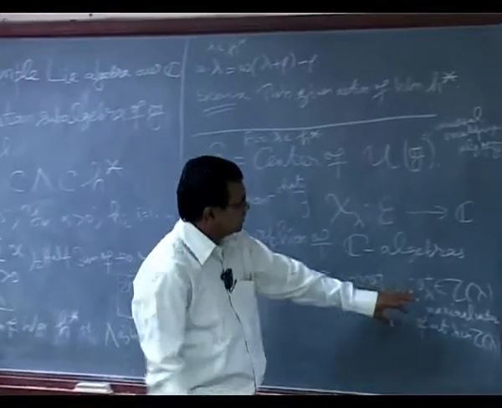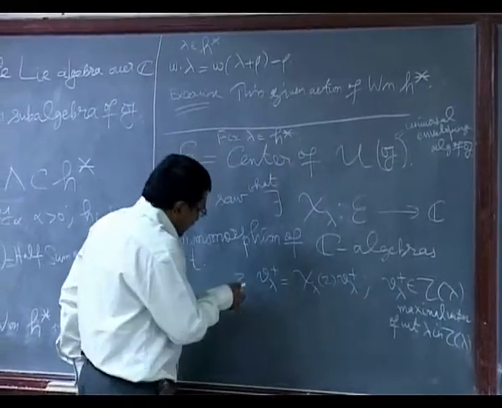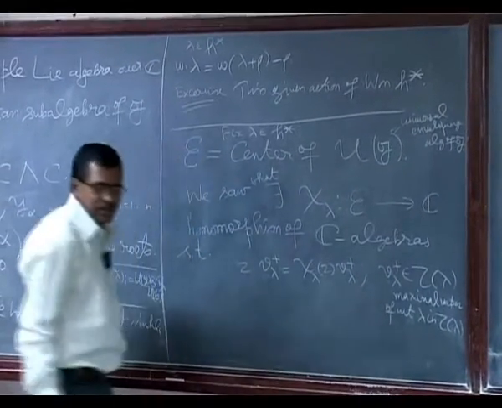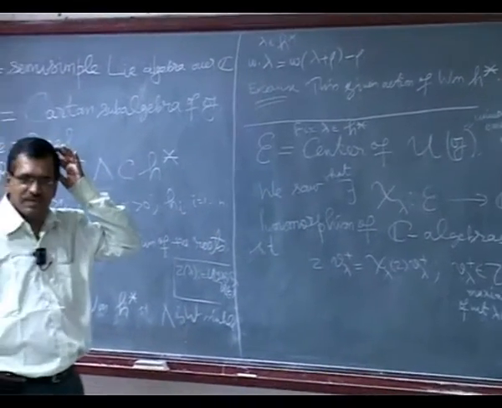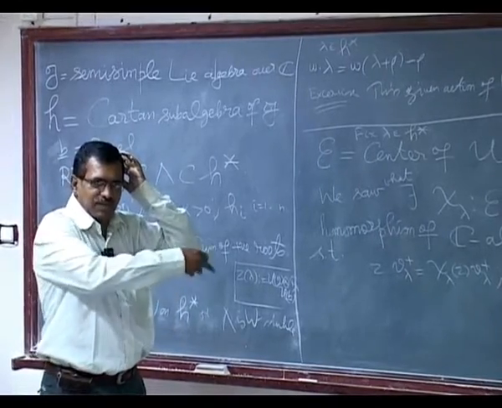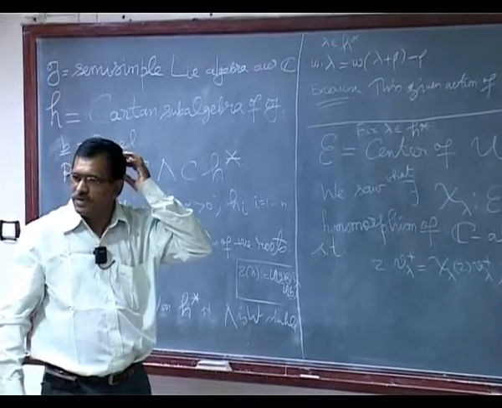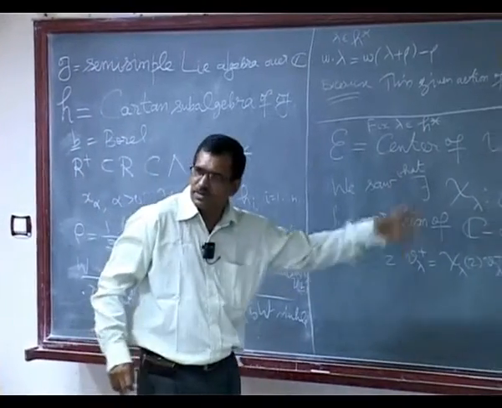So, take a maximal vector; there is a unique maximal vector up to a non-zero constant, and the center operates by a scalar. That we have seen yesterday. Should I recall it or can I proceed, because there are more things. If it is not clear, I can do it. Does somebody want to know why this is true, or can I proceed to the next? Okay.